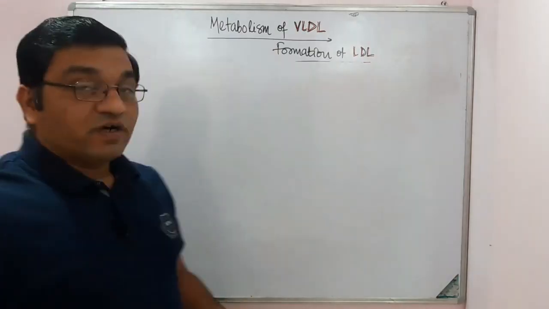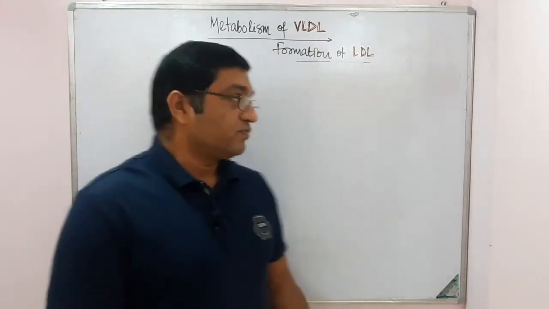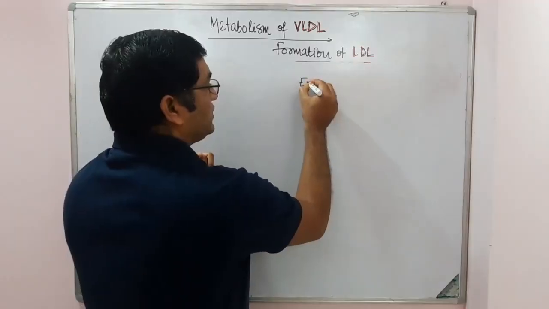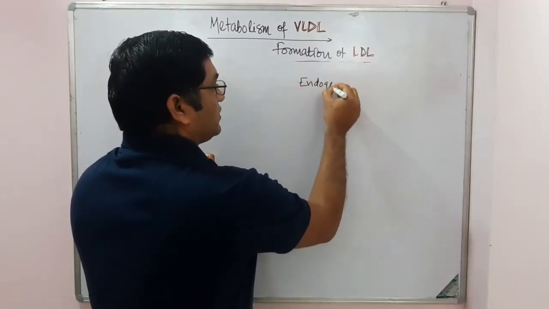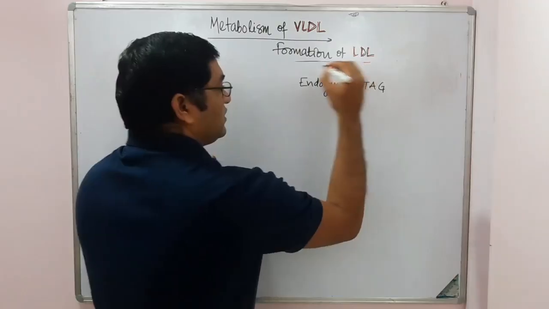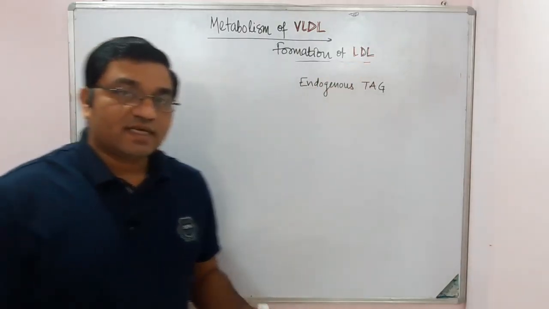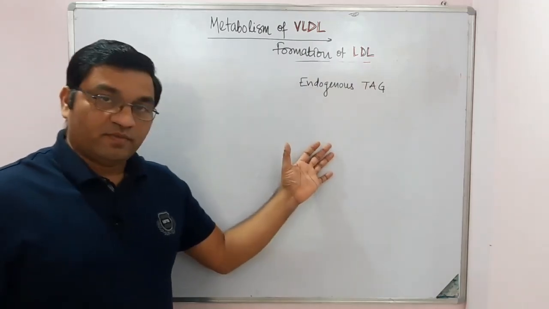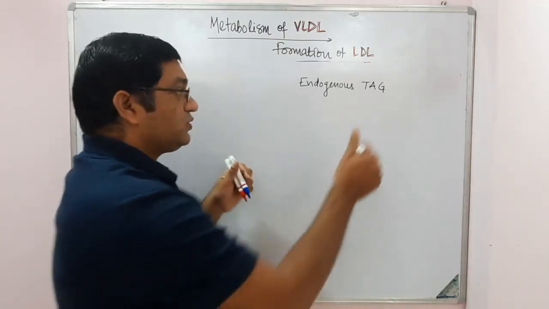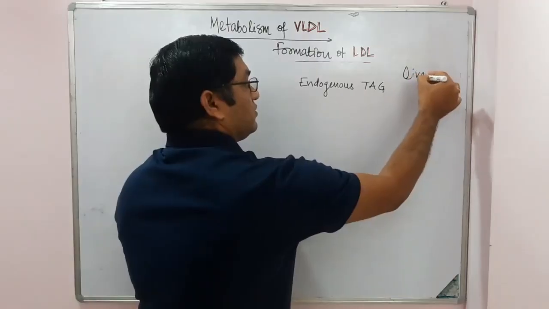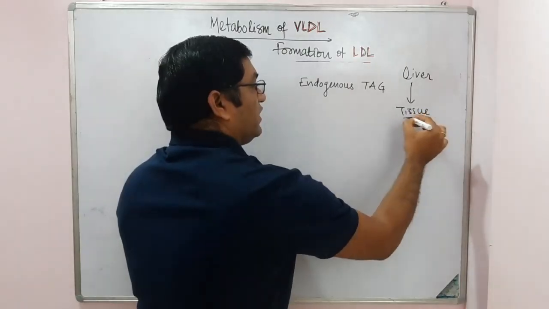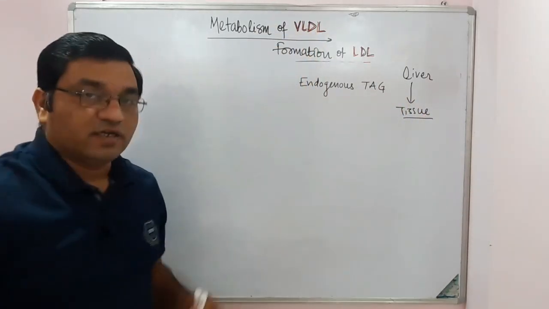So you know the function of VLDL and LDL. VLDL is responsible for transport of endogenous TG, endogenous triacylglycerol, meaning triacylglycerol synthesized in our body. It is transported from the liver to the peripheral tissues with the help of this VLDL.